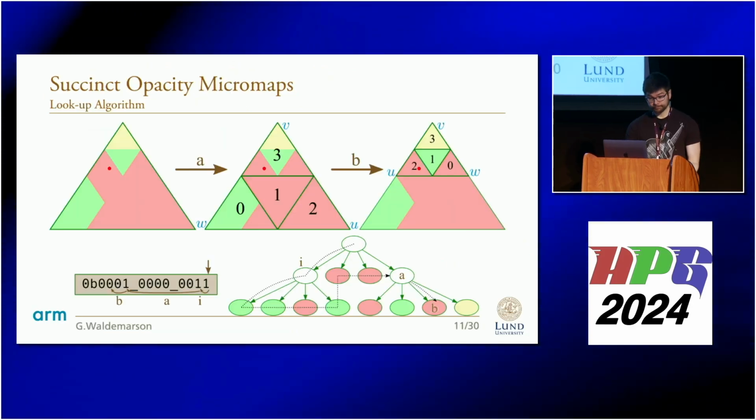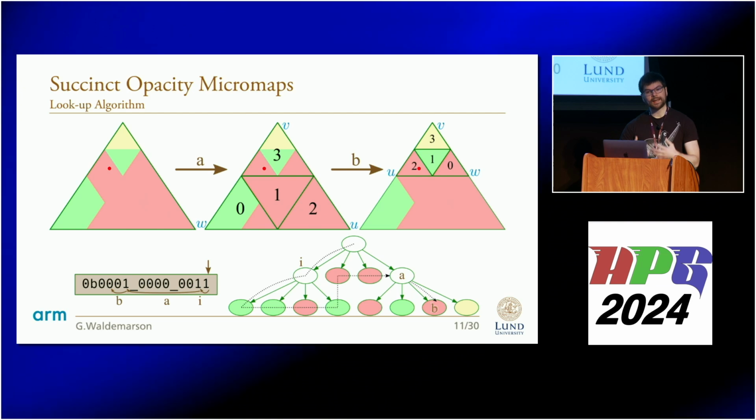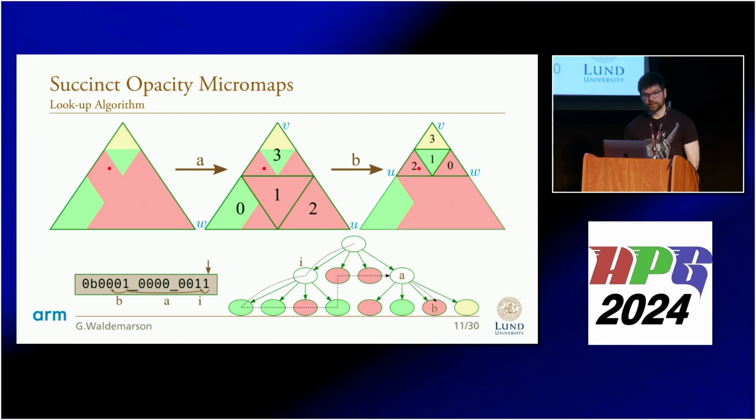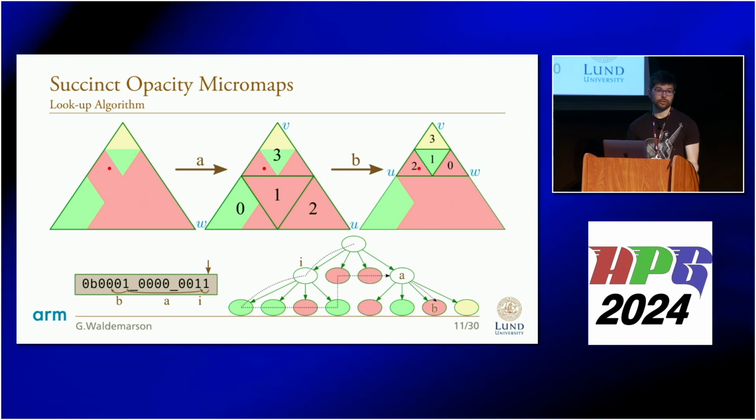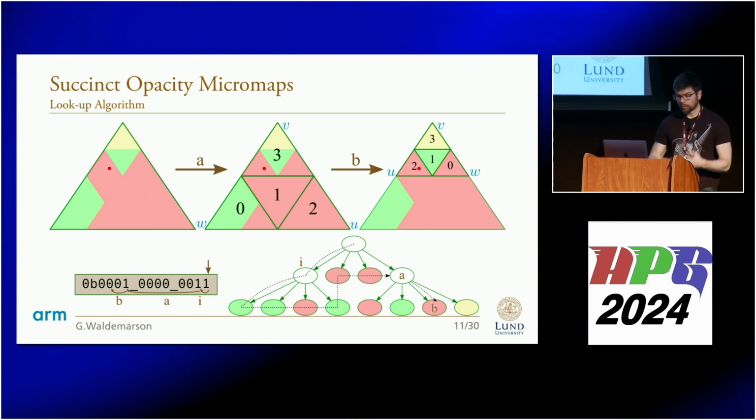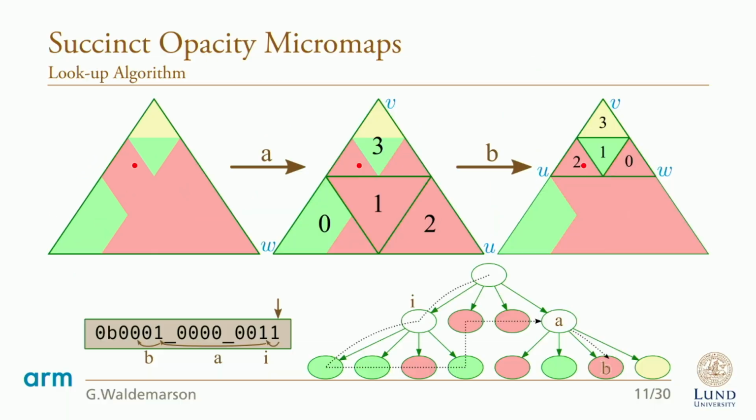However, we cannot just compress the micromaps. We also need some kind of way of looking up values from this new representation. And we can do that as follows, starting from the root node. After intersecting a triangle, represented by this dot on these slides, we need to figure out the index of the child that we need to visit, as well as update the barycentric coordinates to that particular subtriangle.